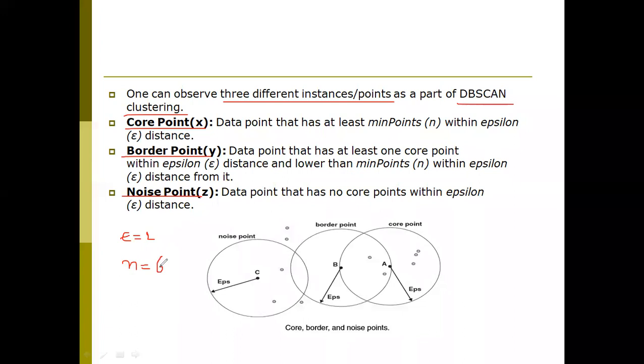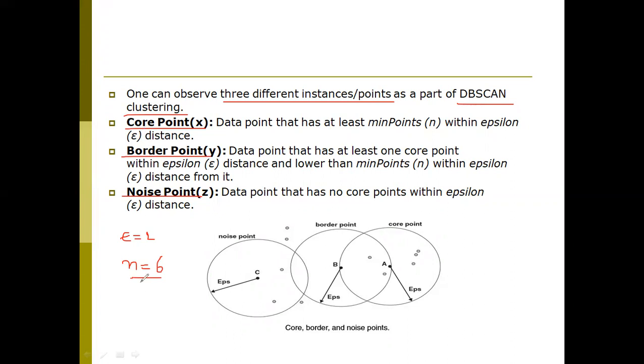Okay, 6. Which cluster has a minimum of 6 data points, then that cluster is called a core cluster. Core cluster.